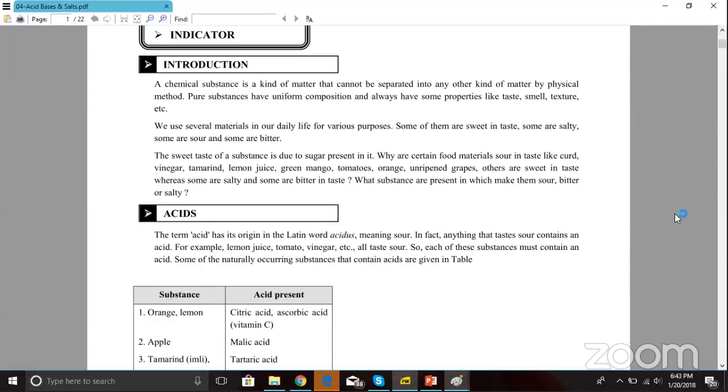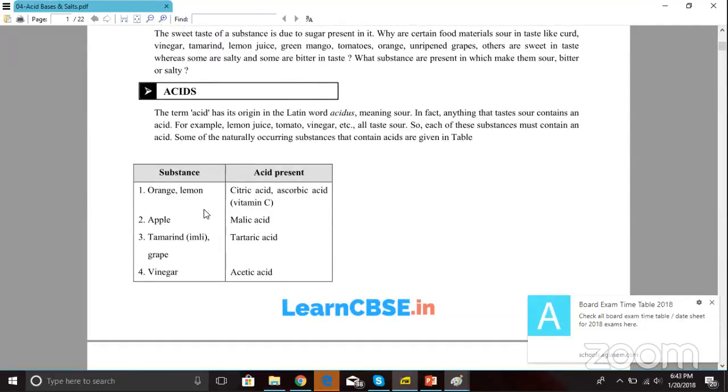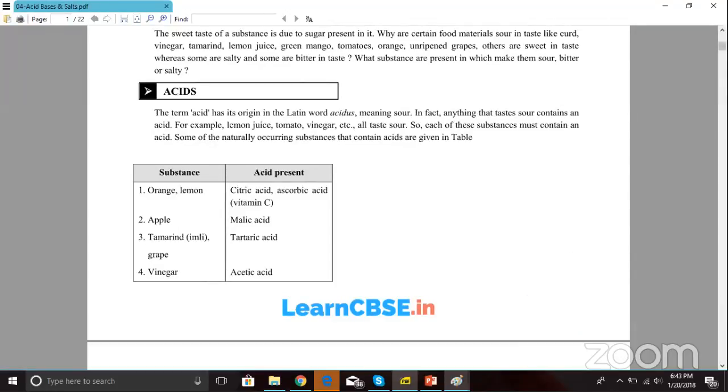Some of the common examples are orange and lemon. Orange and lemon contain citric acid and ascorbic acid, that is vitamin C. Apple contains malic acid, tamarind or imli contains tartaric acid, and grapes contain tartaric acid.